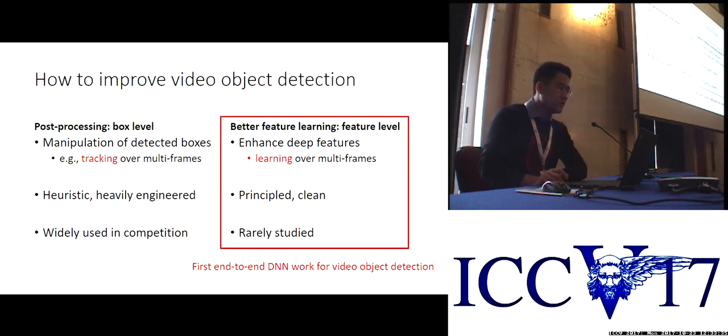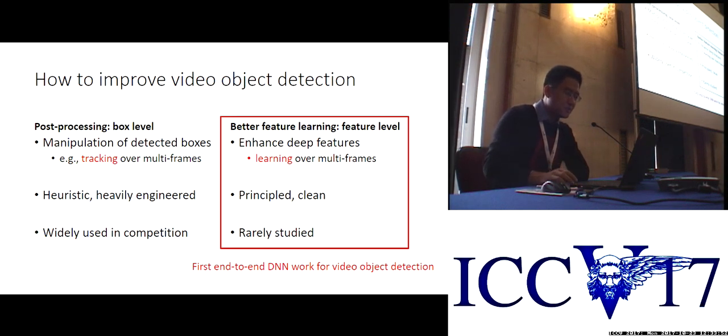Nevertheless, the video has rich information about the same object instance, usually observed in multiple snapshots in a short time. Such temporal information is exploited in existing video object detection methods in a simple way.